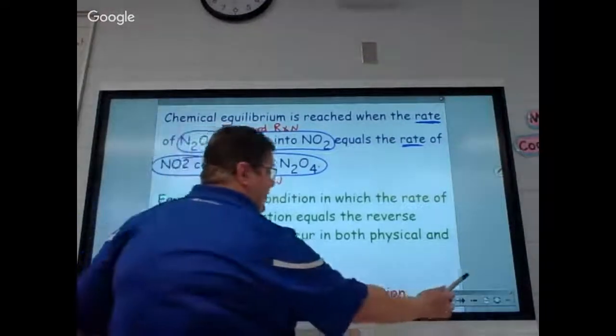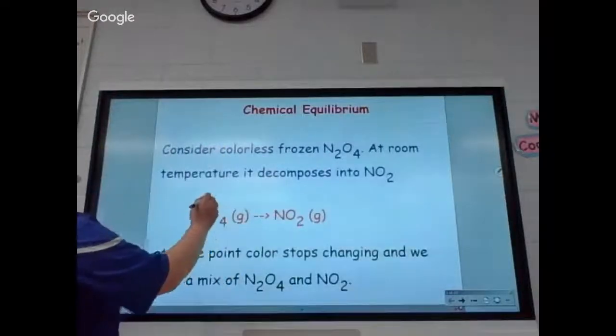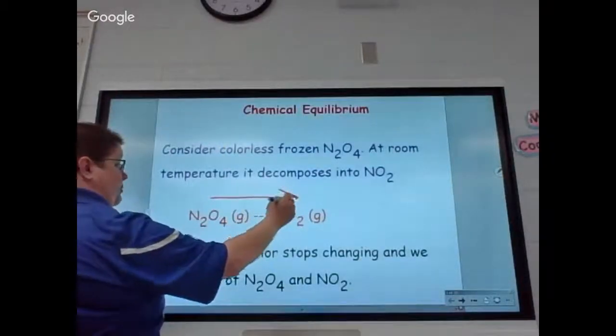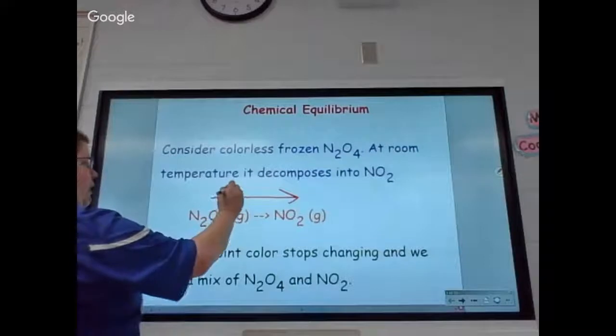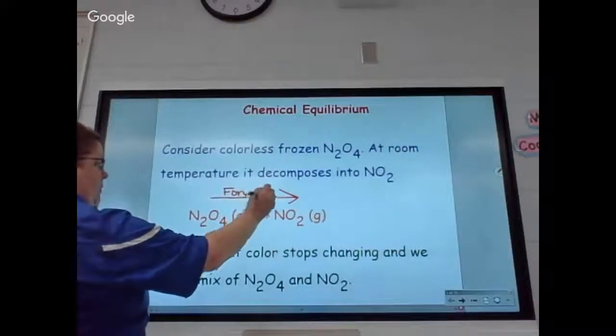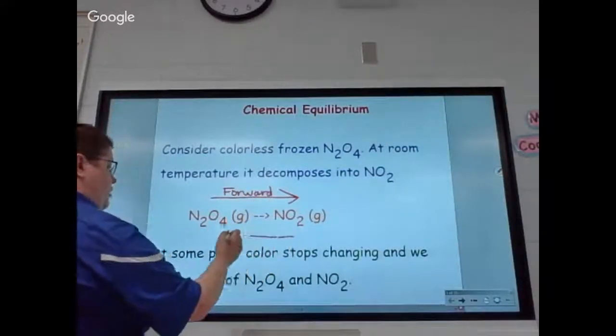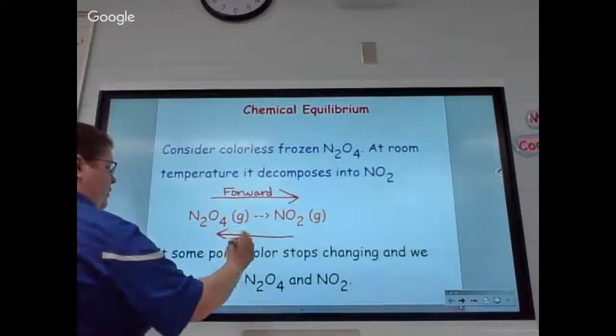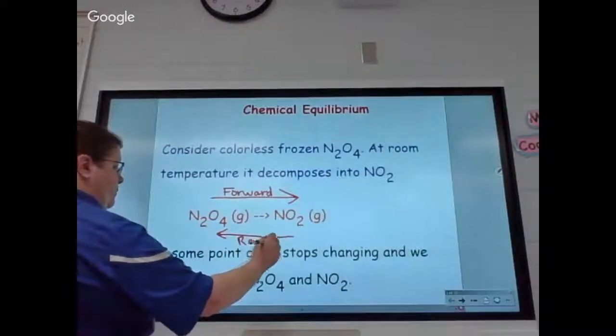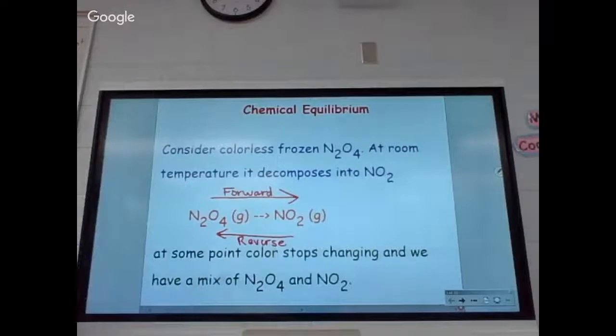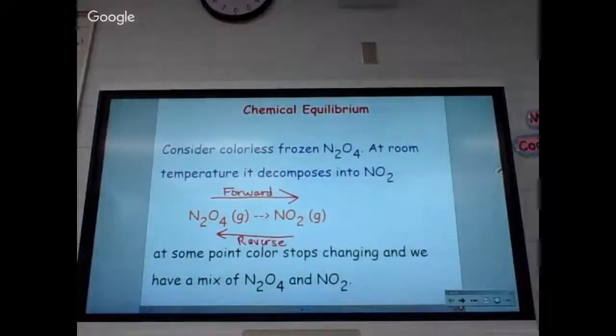If I go back one slide for a second, when the reaction goes this direction, that is forward. When it goes this way, that is reverse. Does that make sense to everybody? What do you mean when it goes this way?